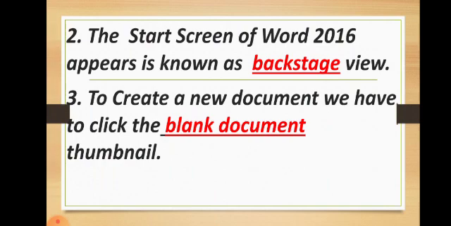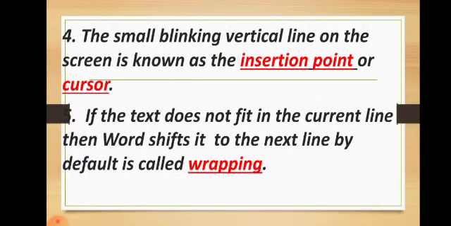Okay, now next one: the small blinking vertical line on the screen is known as the insertion point or cursor. When we start typing, we see a blinking line on the screen. That vertical line, the small blinking line, is the insertion point, or we can also call it the cursor. It indicates the position where the typed character will appear.